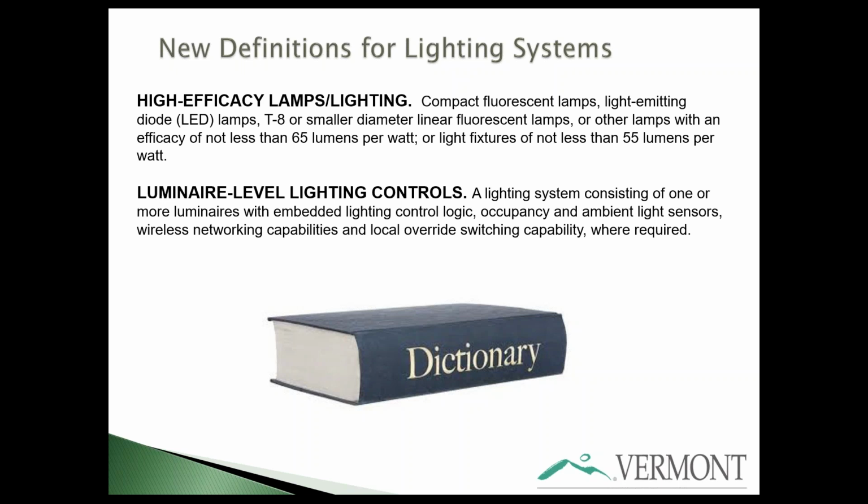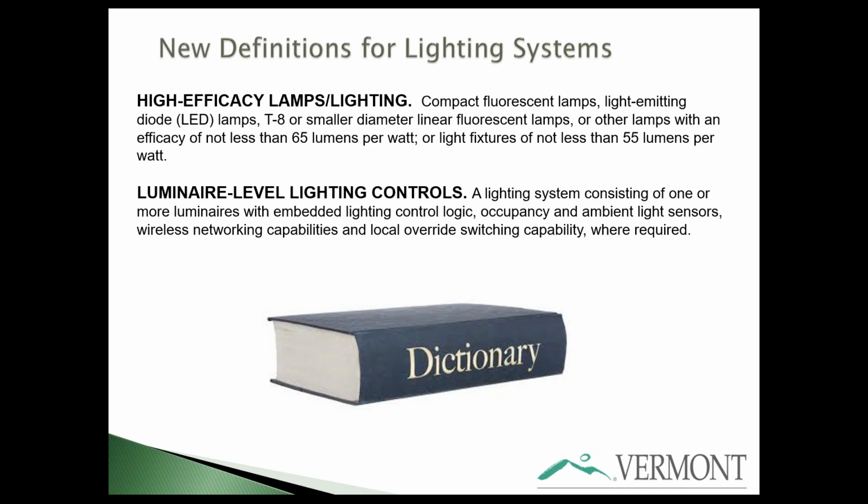Besides moving the location of it, the definition has changed as well. Before, in the 2015 CBES, it would depend on the light output or size of the wattage what your lumens per watt had to be, and it was graduated from small lights to larger lights.